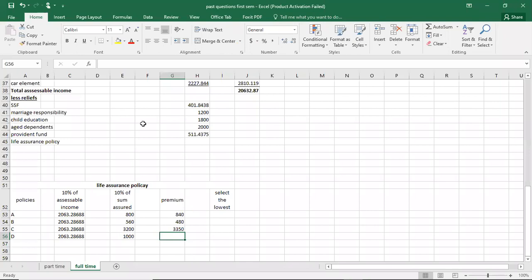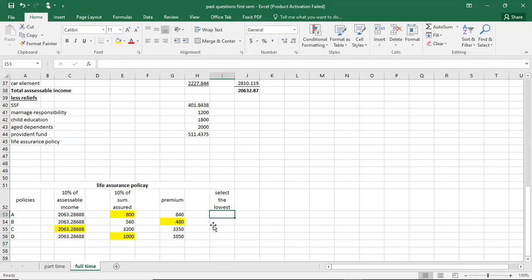Now the duty here is for you to select the lowest. So when you look at the very first policy, the lowest here is 800. The second policy, the lowest here is 480. The third policy, the lowest is 3,200. Sorry, the lowest is 2063 here. Then the last policy, the lowest is 1,000.